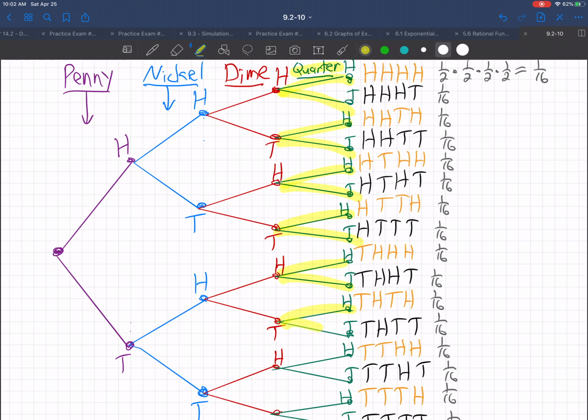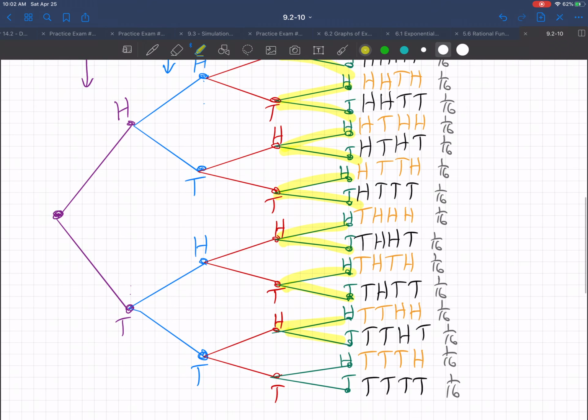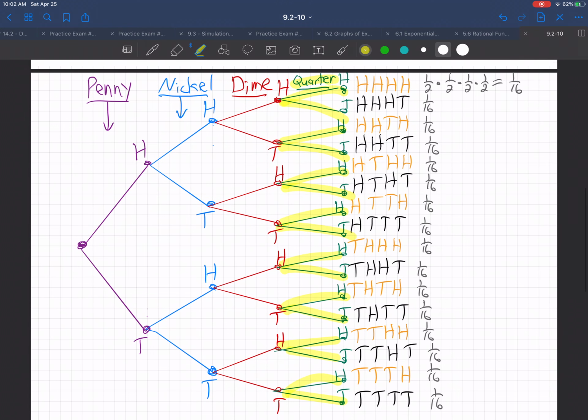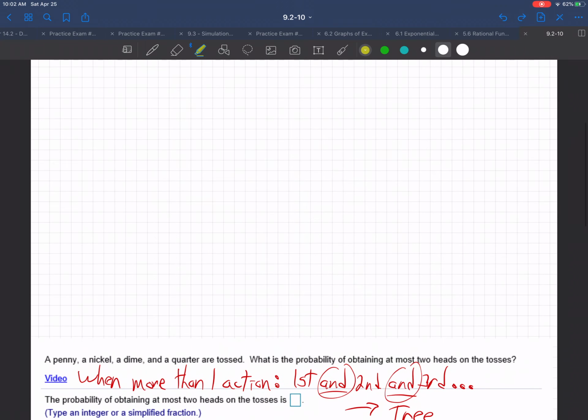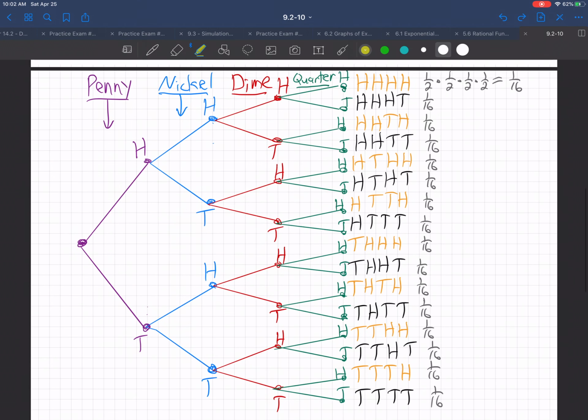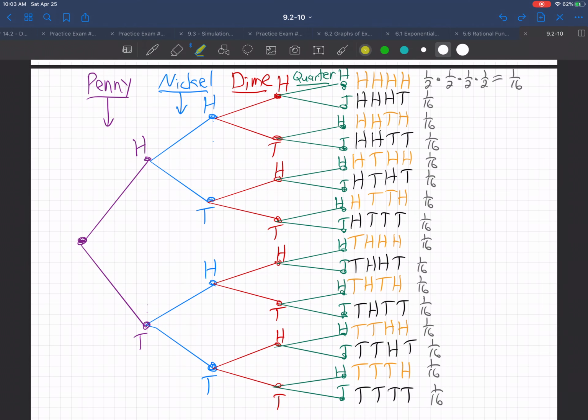All this branching is for the flipping of the quarter. That's the fourth action, the fourth layer of branching. And what's the result of all that? You can see at the ends, I've got the results.